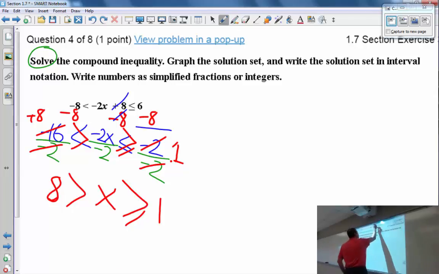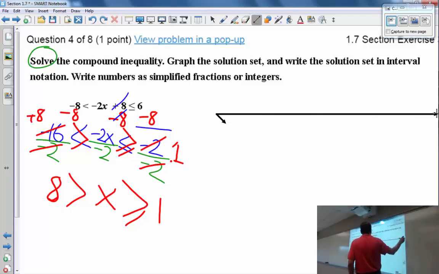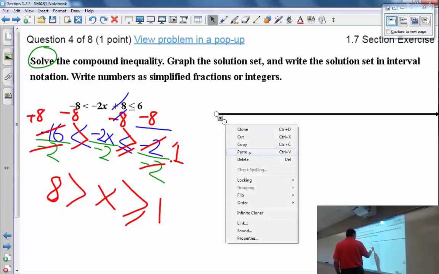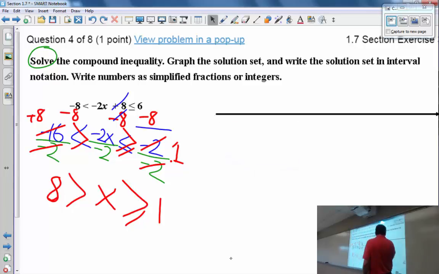Let's get our graph ready. What does this mean? I need to first understand so I can color it, right? So translate this. 8 is more than x. Now I need to always read from the x side. x is what than 8?